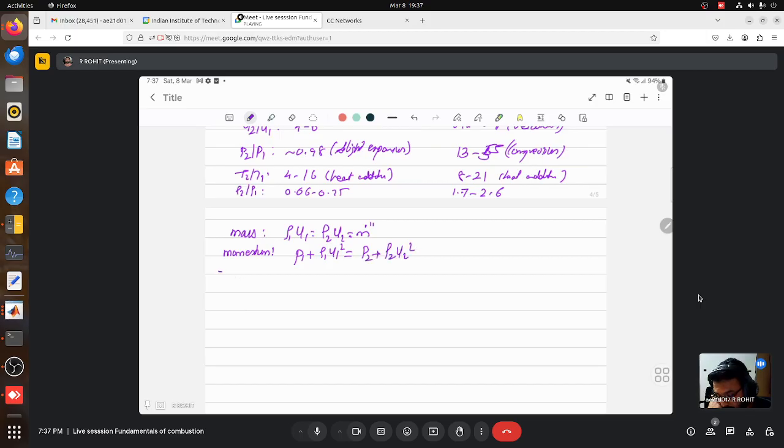And then you have your energy equation, which is nothing but H1 plus half u1 square is equal to H2 plus half u2 square. Then you have the equation of state, which is nothing but P is equal to ρRT.